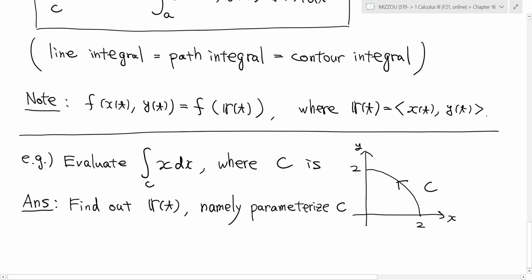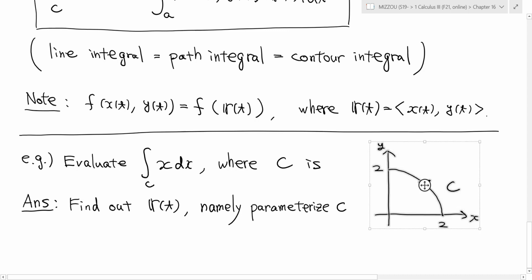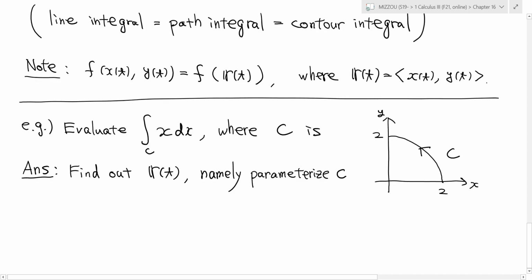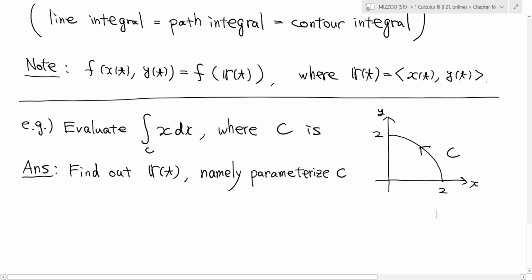But how? In this case, this is a part of the circle with radius 2. There's a canonical way of parameterizing the circle using polar coordinates, with radius 2 in this case. So this is just 2 cosine t and 2 sine t.